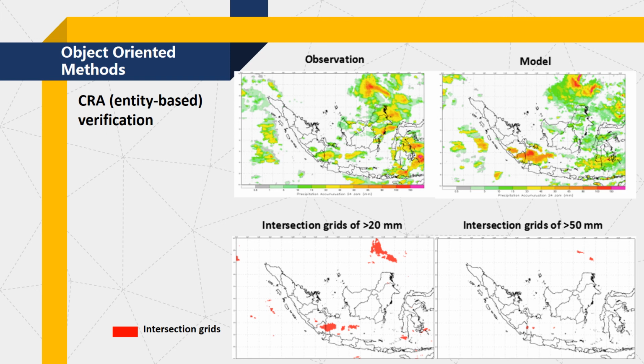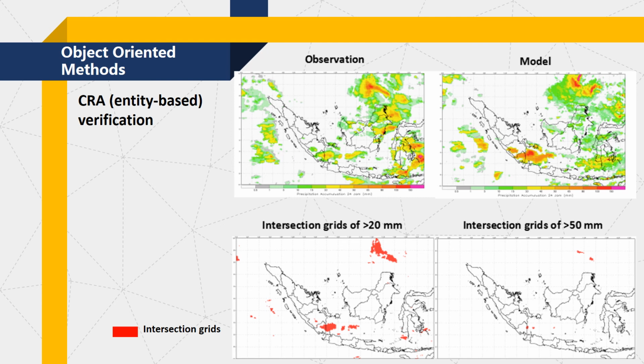It is an object-oriented method, and one of the object-oriented methods is entity-based verification, for example the contiguous rain area.